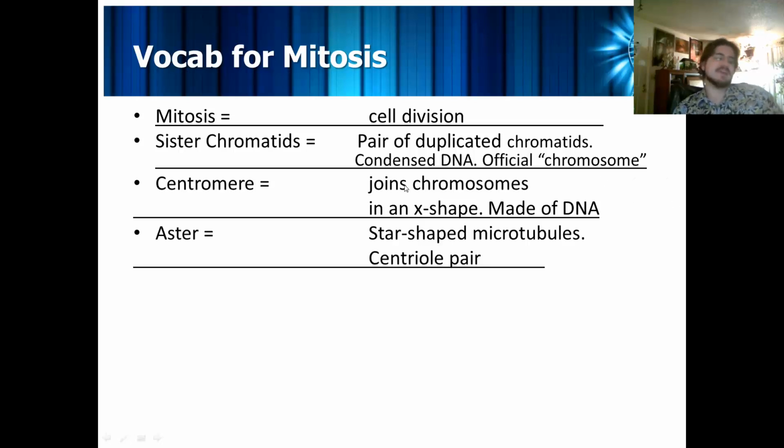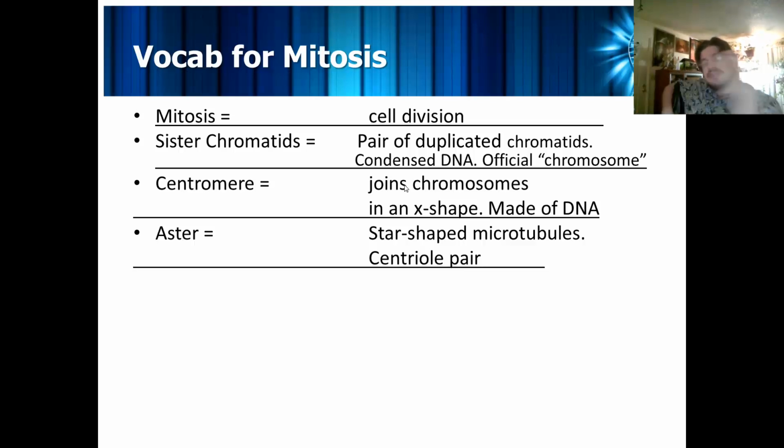The aster. The aster, if you remember way back to the chapter on the organelles you find in a cell, when we talked about the cytoskeleton, the aster is the structure where microfibers and microtubules are constructed. So, aster plays a big role in mitosis.